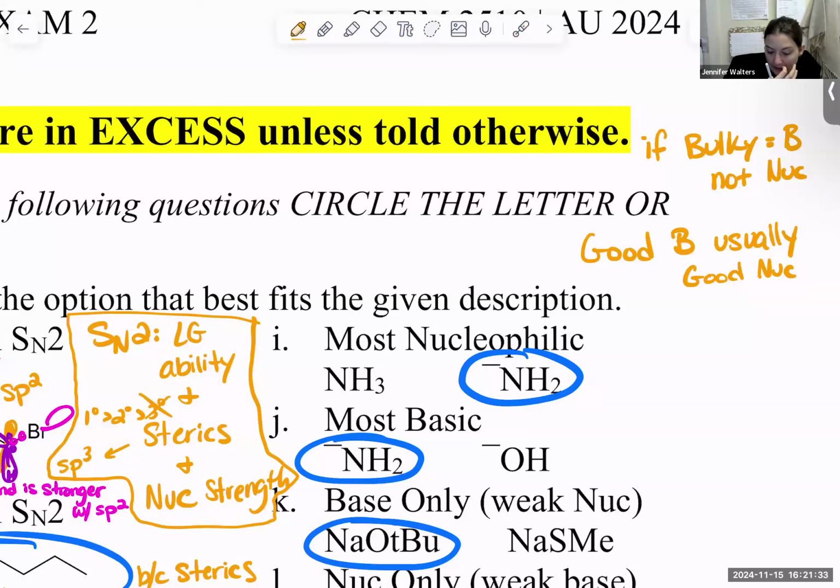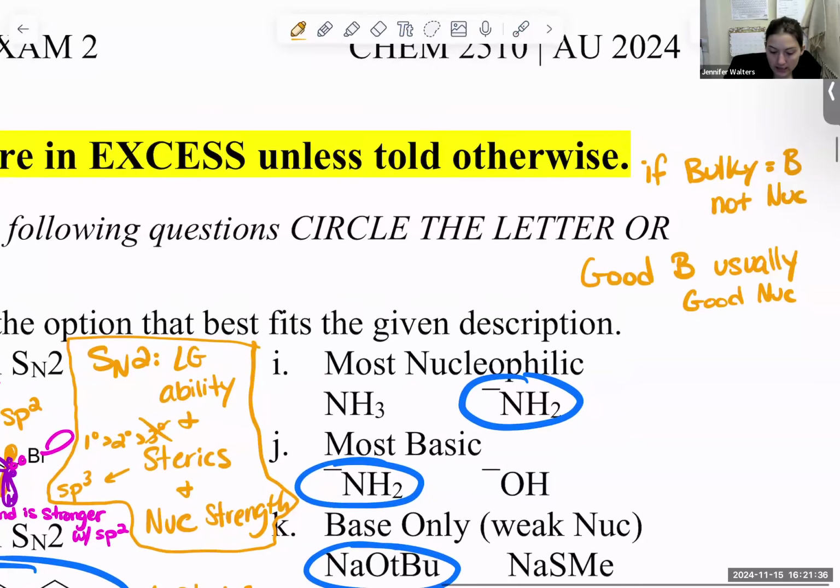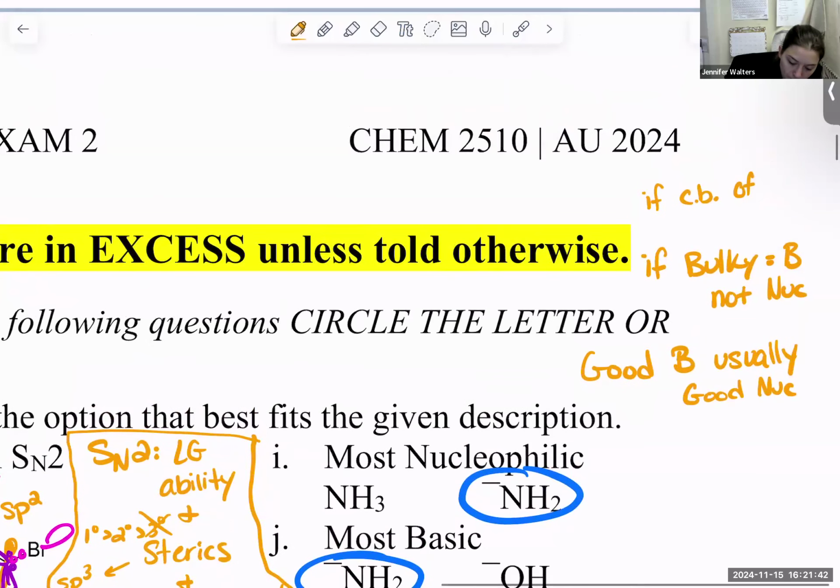And then our other deviation is that if you are the conjugate base of our strong acids, then you are a nucleophile, not a base. Because now you are too stable as a base, but you're still anionic, so it's still favorable for the nucleophilicity.